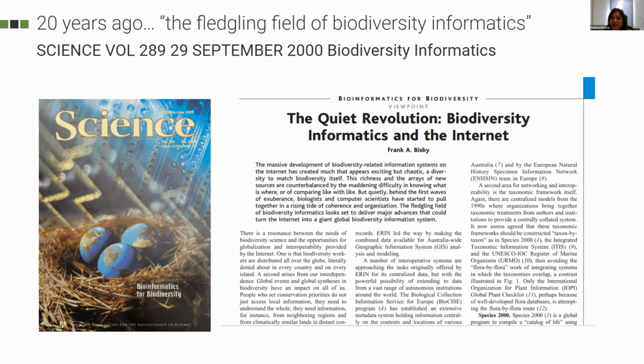And in this specific viewpoint article from Frank Spivey, he talked about what he called the quiet revolution of biodiversity informatics in the internet. And he said that the advances in biodiversity informatics would lead the internet into a giant biodiversity information system.